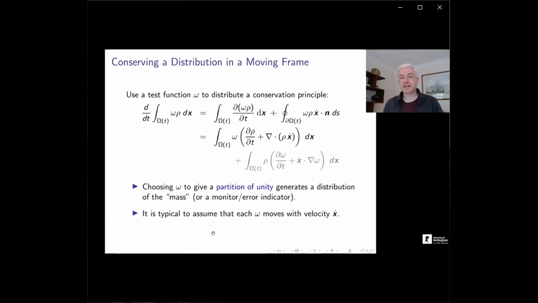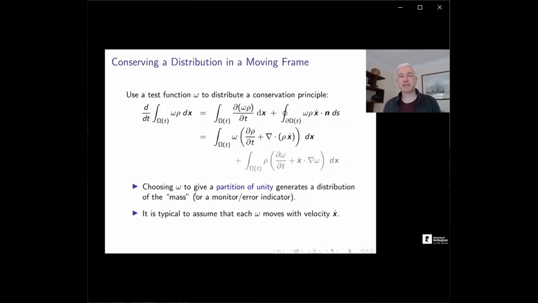The underlying idea is simply to set up some sort of conservation principle. So if we think of rho as some sort of density and omega as a test function, we're assigning some mass to each of these test functions. We use Reynolds transport theorem, and that then leads us to a set of equations that we can use in this case to actually try and work out what the mesh velocities are and what the velocity field is that we would allow our mesh to move in.